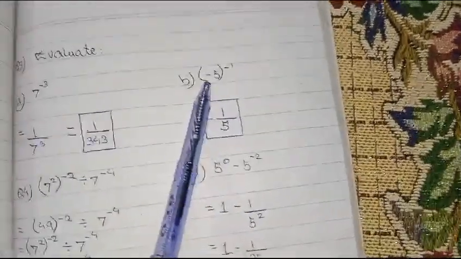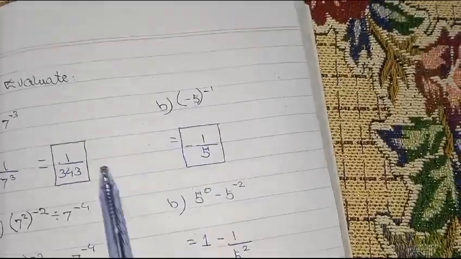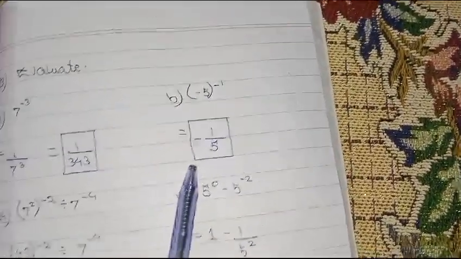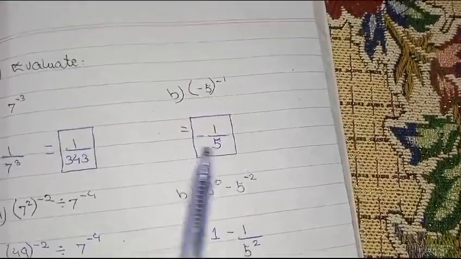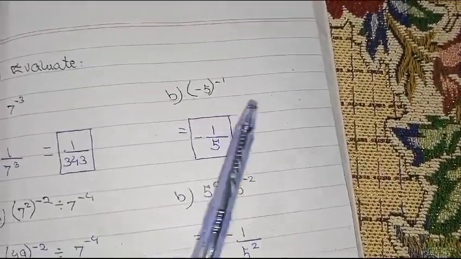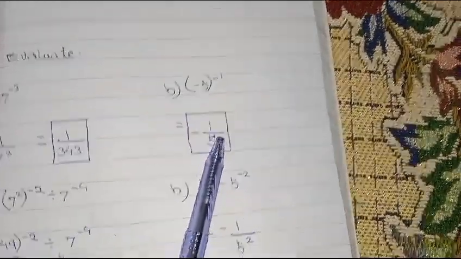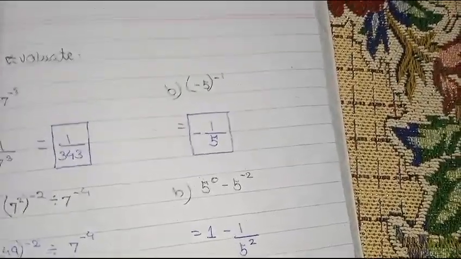So bracket minus 5 bracket power minus 1: also here the power is negative, so we will change it into positive by shifting it to the denominator. So minus 1 upon 5, and the power will be 1, so we do not write the power 1.